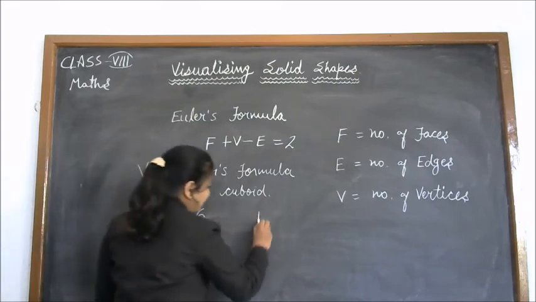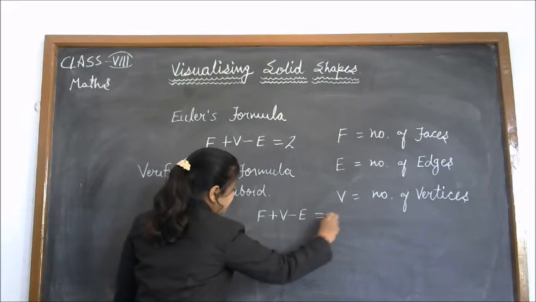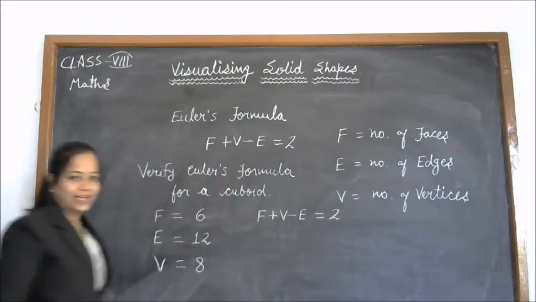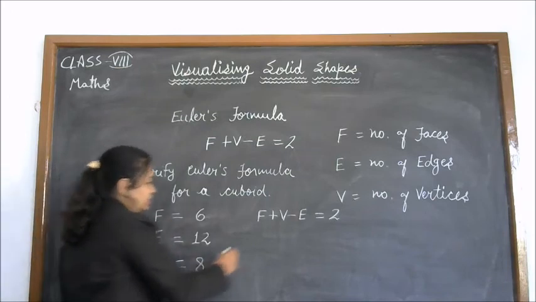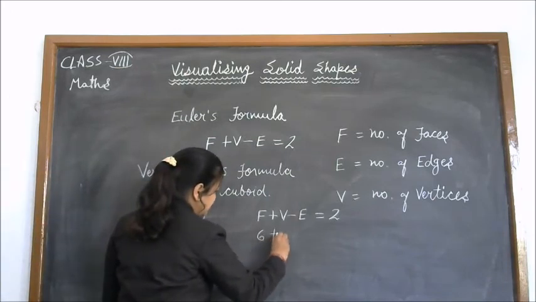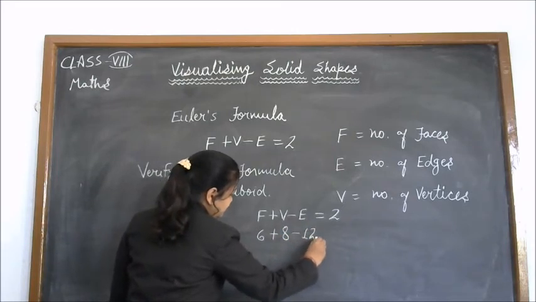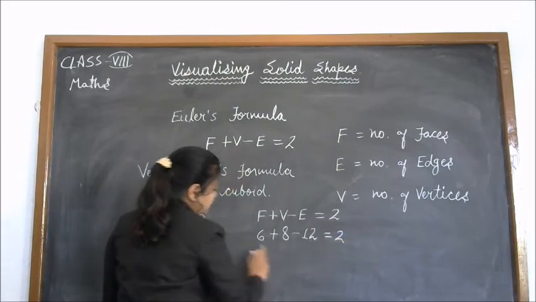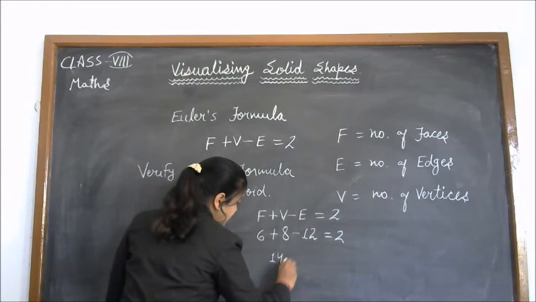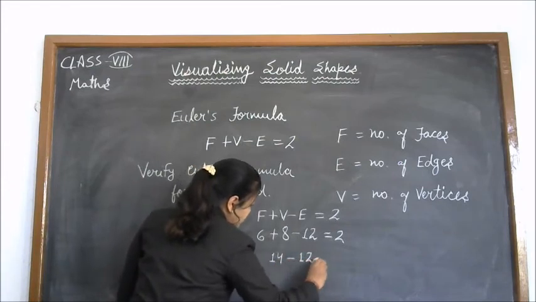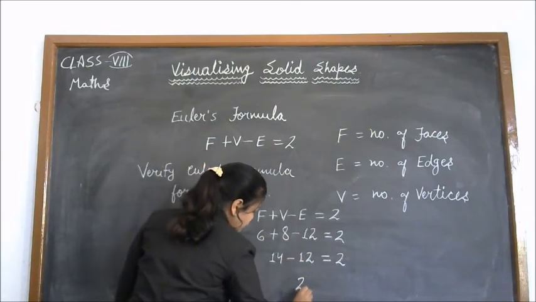So Euler's formula is F plus V minus E is equal to 2. We know that this is Euler's formula. Put the values of F, E and V. F is 6, V is 8 and E is 12. 6 plus 8 is 14. 14 minus 12 is 2.